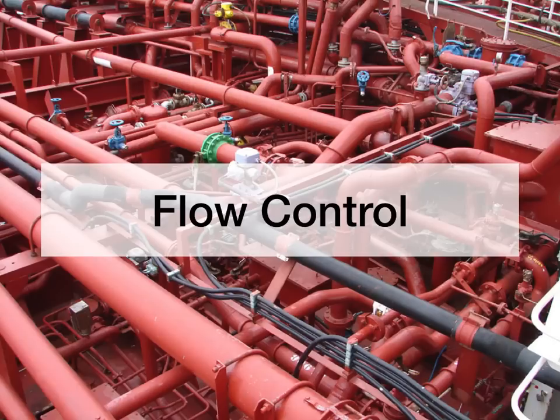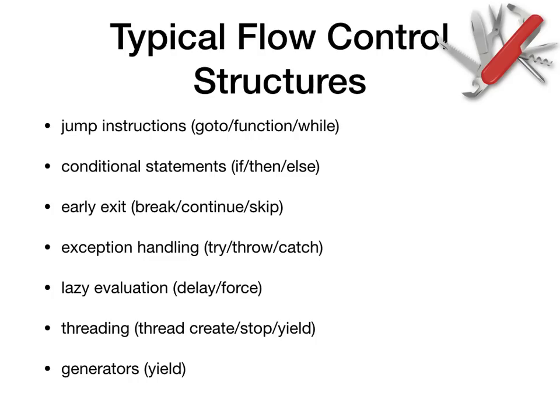So flow control. All right, flow control is how control moves around a computer program. And there's a lot of flow control that we're used to. Typical structures you might have run into are jump instructions, whether it's a go-to, a function, a while. There's conditional statements, if then else, early exit, break, continue, skip.